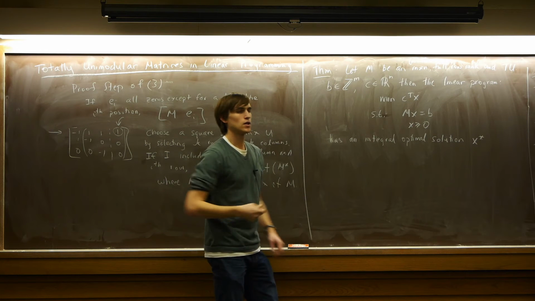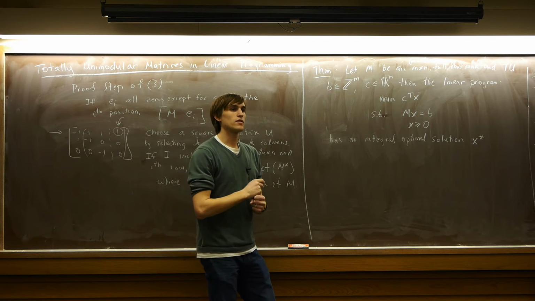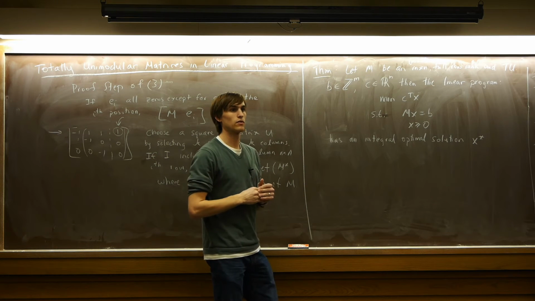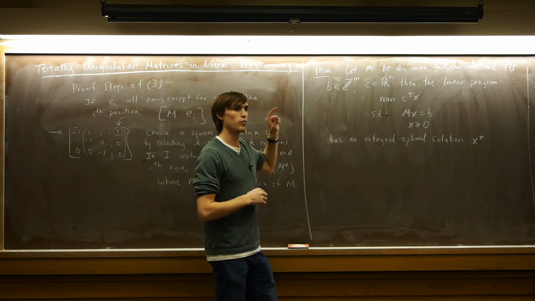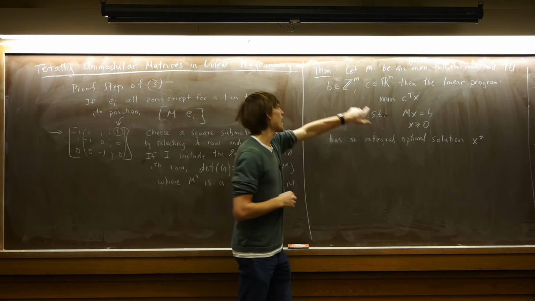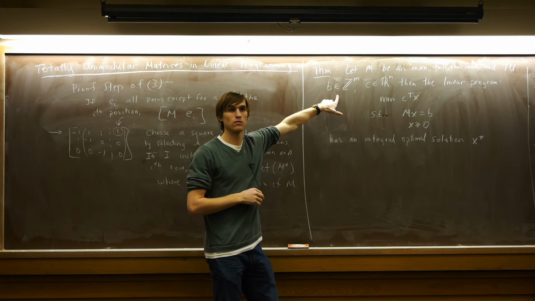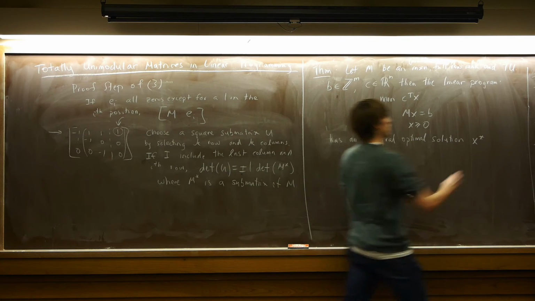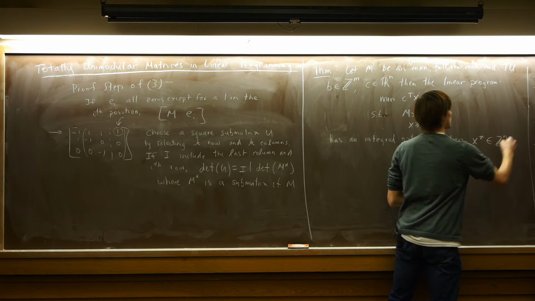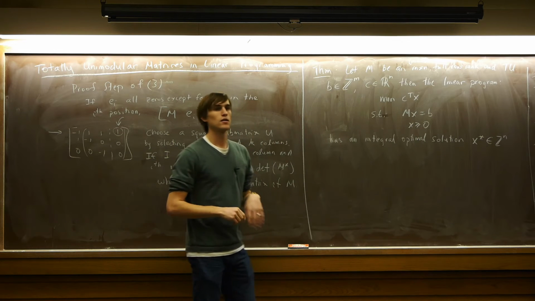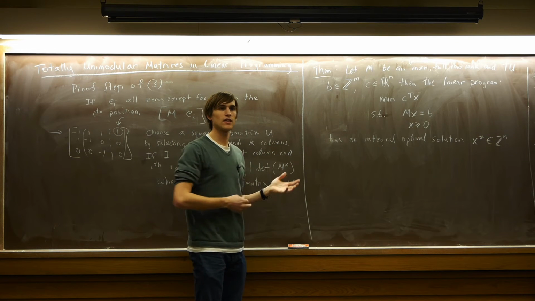So what if B is not an integer? If B is not an integer, this is not guaranteed to be true. And you'll see as we go through the proof at what point I'll be able to point to why I need this to be integral. So we'll see that. So I'm just saying that I can find some optimal solution, and this is all integers. Okay. So before we go into the proof, why is this significant?